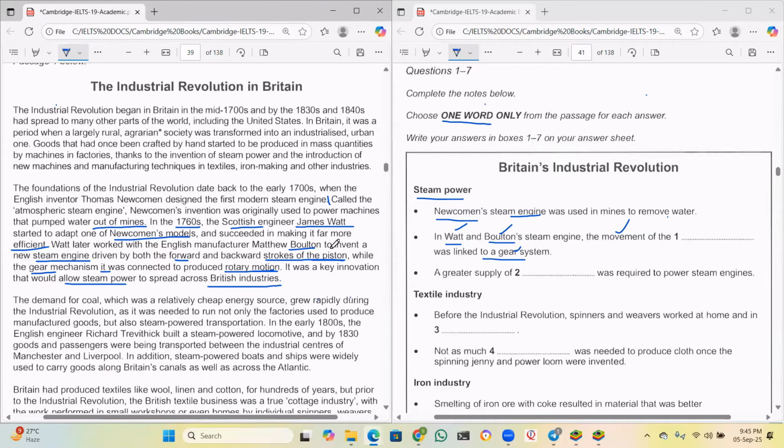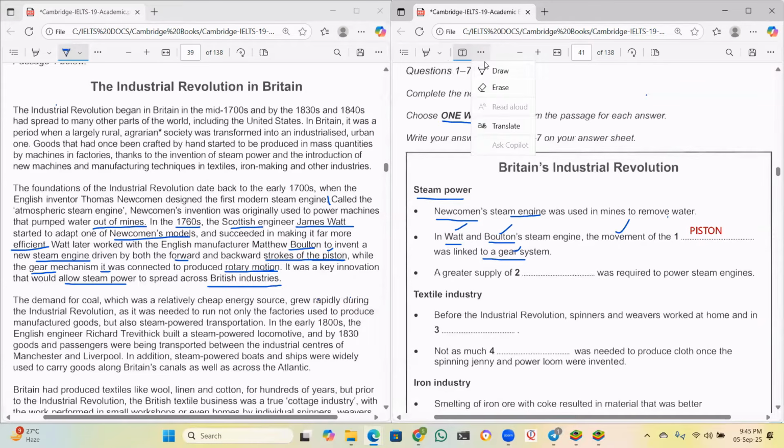It means the movement of the piston was linked to the gear system. Movement means the forward and backward strokes. So this was a very direct answer, a very easy one. My answer would be piston.